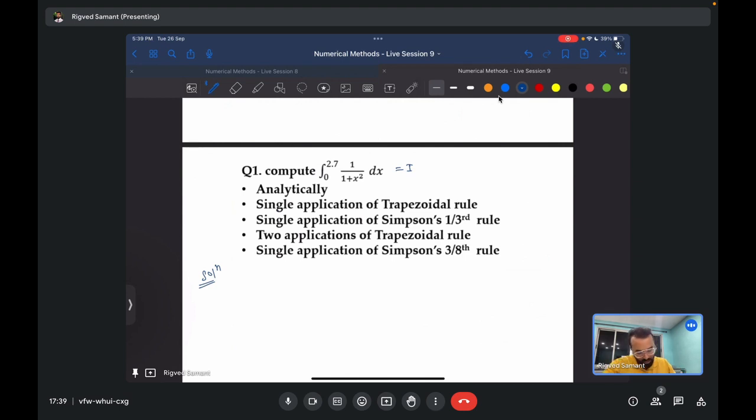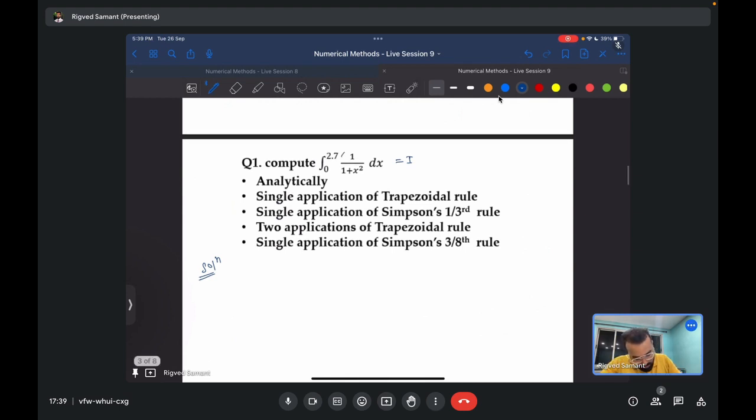So analytically, if you see this function, this is the derivative of tan inverse x. So the integration of this is nothing but tan inverse x, right?